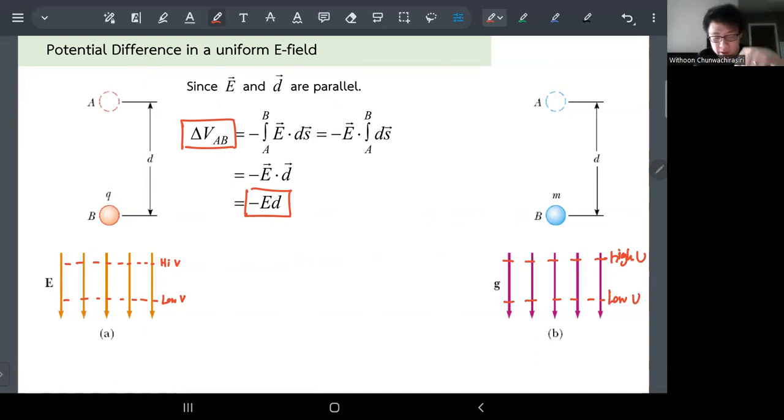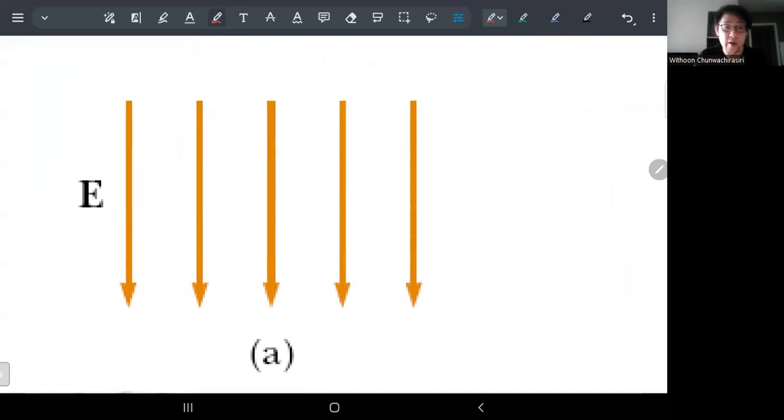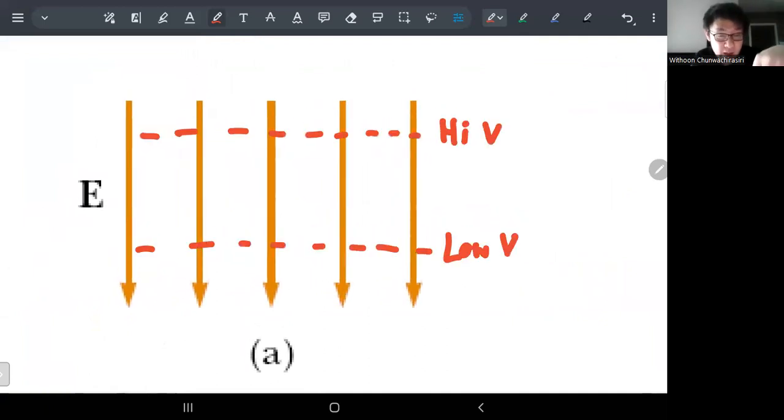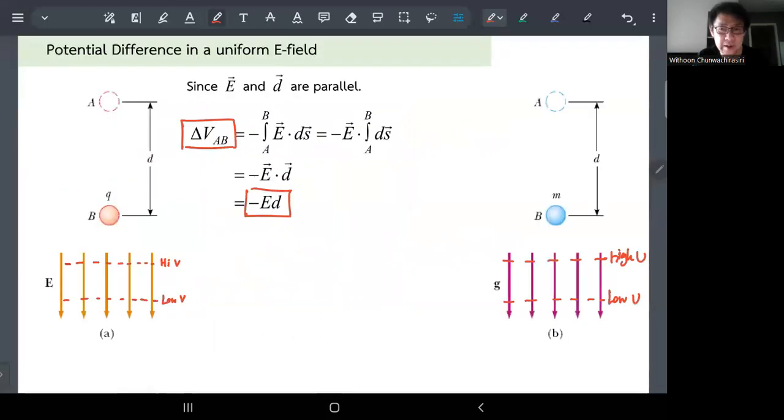The good thing about the electric field is, whenever you have an electric field pointing down, you know that it's pointing towards lower potential. So you can analyze just the field alone, and direct your understanding towards potential by knowing the connections between the two. Not too bad, I hope.